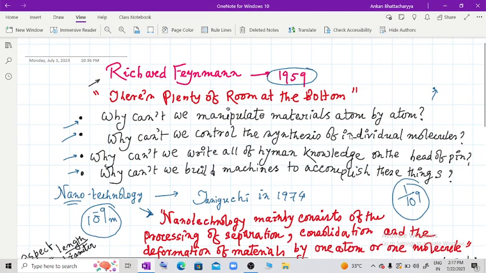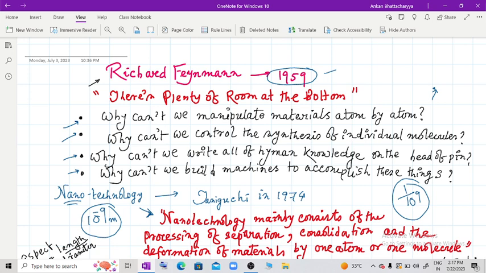In 1959, at the Physical Society of America, he asked why we cannot manipulate materials atom by atom, why we cannot control the synthesis of individual molecules, why we cannot write all the human knowledge on the head of a pin, and why we cannot build machines to accomplish these things.